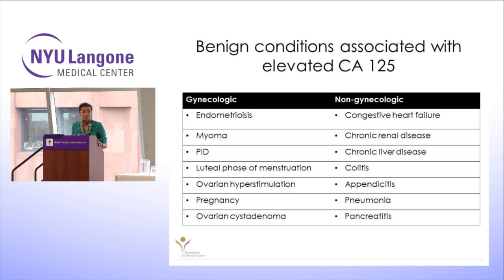Myomas or fibroids can elevate your CA125. An infection, pelvic inflammatory disease certainly elevates it. Menstruation elevates it, certain phases of the menstruation. Pregnancy, benign ovarian cysts. So all of these are times when the CA125 would be perhaps inaccurate.